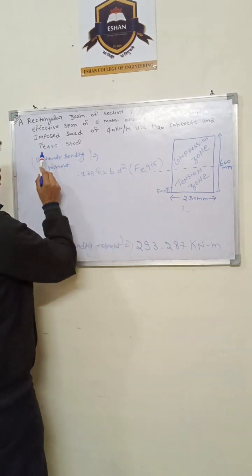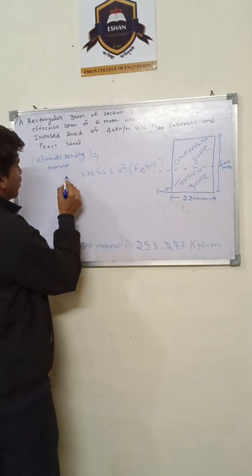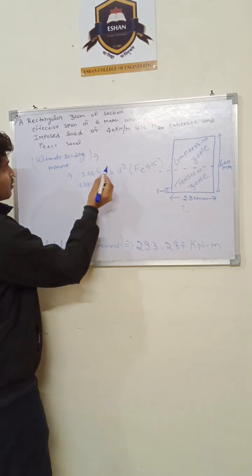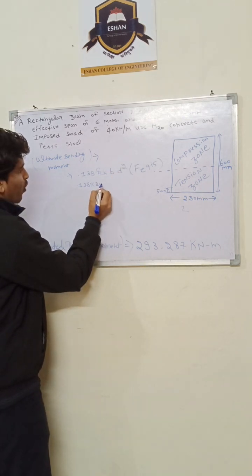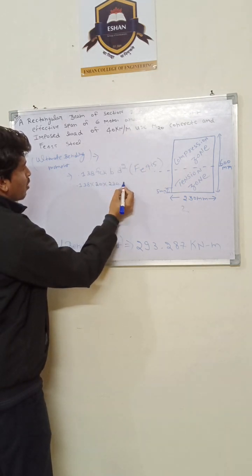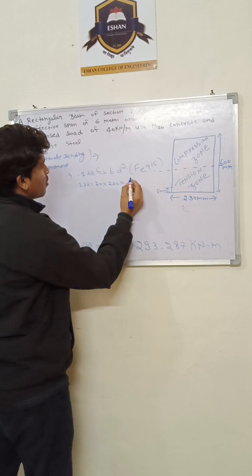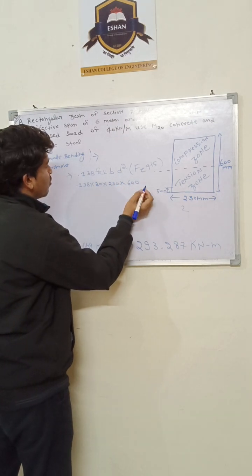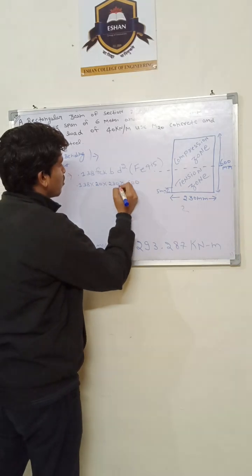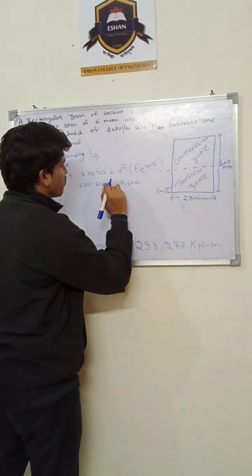In the question, it clearly shows Fe 415, and that's the reason we apply this formula. So 0.138, our fck is M20, which is 20, and b, the width of the beam, is 230, and the depth of the beam is 600. These all are in mm.